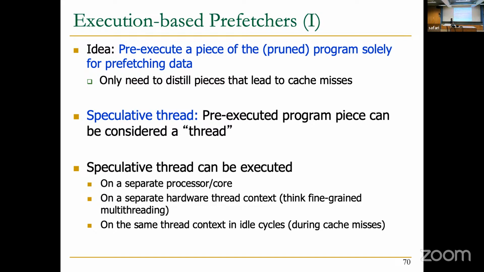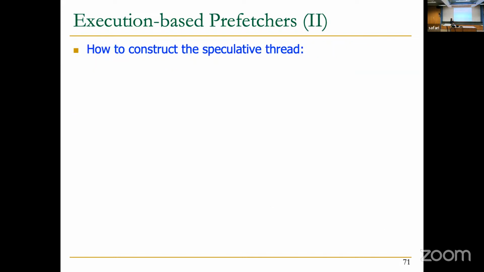If the actual execution is waiting on a data cache miss, you are not doing anything anyway, so I would simply steal those cycles and run my speculative thread. So those are the three ways of executing these threads.